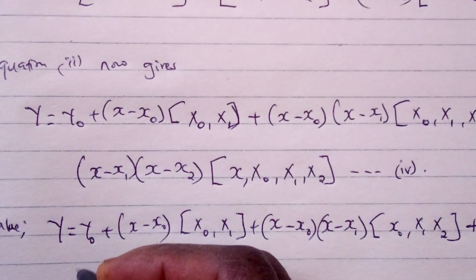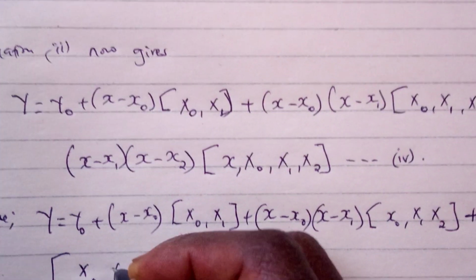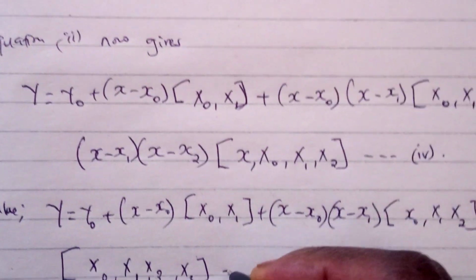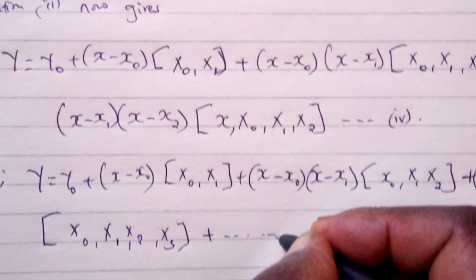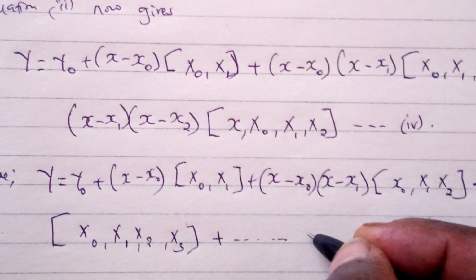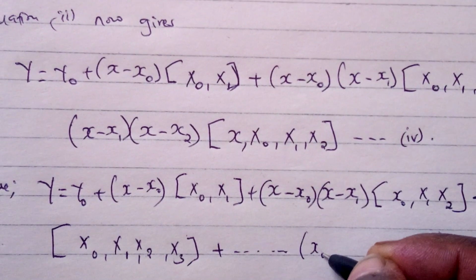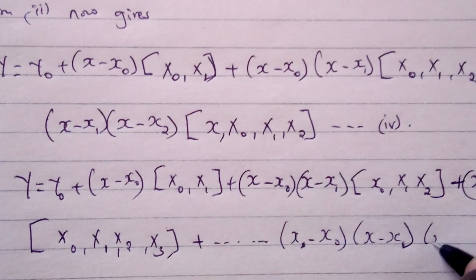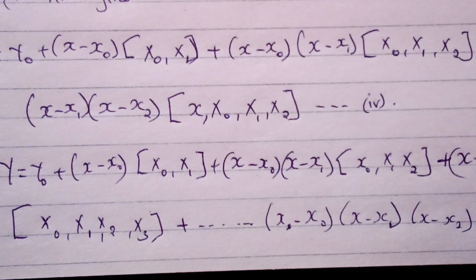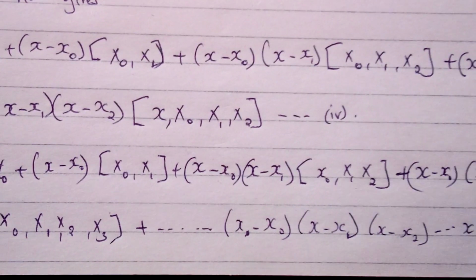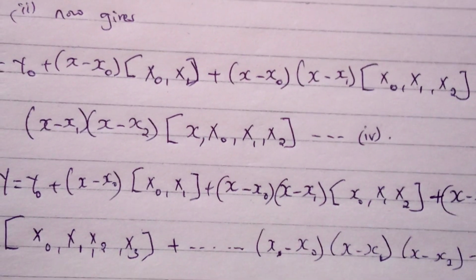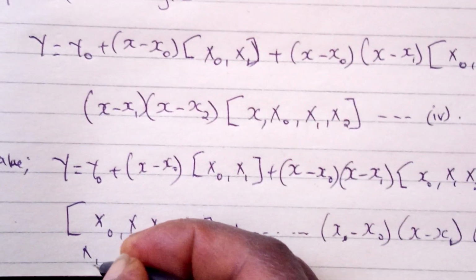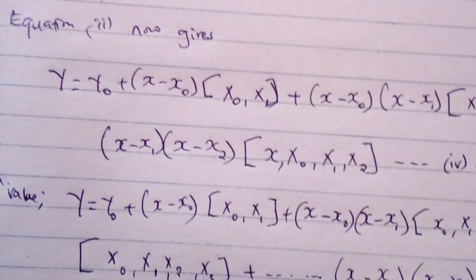okay, then we multiply by x naught x1 x2 x3, so we want to go up to the nth, plus other values, like let's say x4, x5 or x6 and so on, multiplied by x minus x naught, x minus x1, x minus x2, continuing up to x minus xn, multiplied by x naught, x1 going to xn.